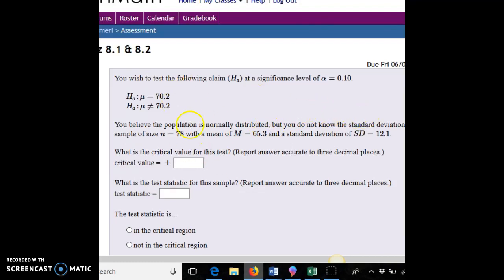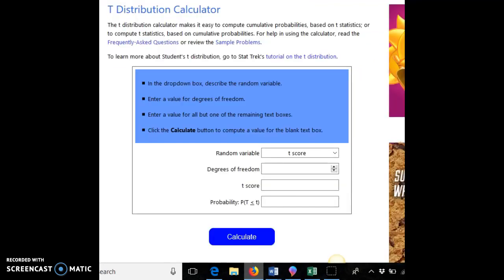Although this does fit our central limit theorem, since we have a large sample, we could use the z-chart. But they've been using the t-chart, which is why your critical values might not be turning up to be the same as theirs. So I'm going to go to the StatTrek website, and I've already got it open.